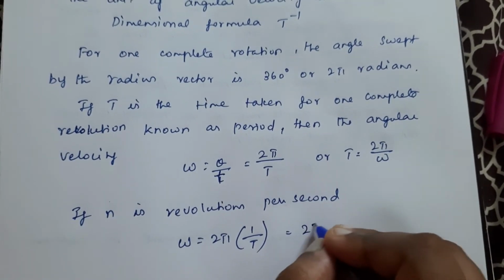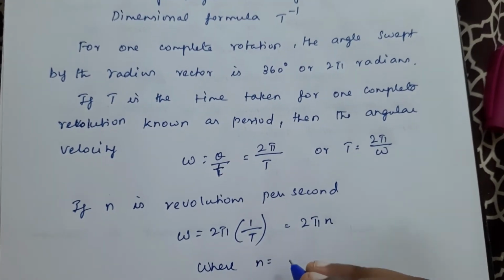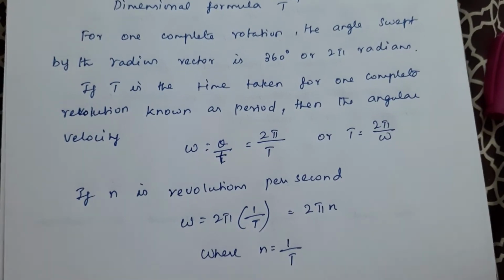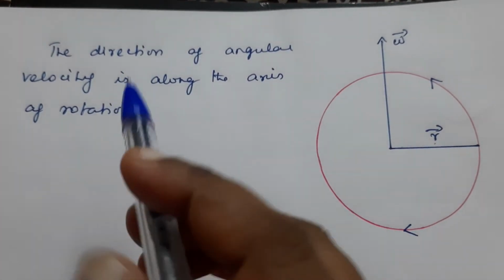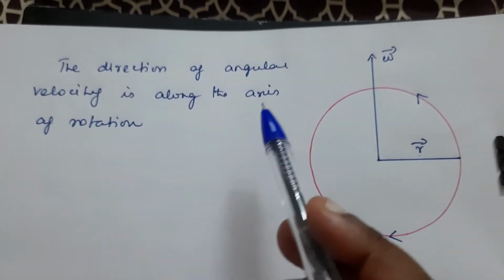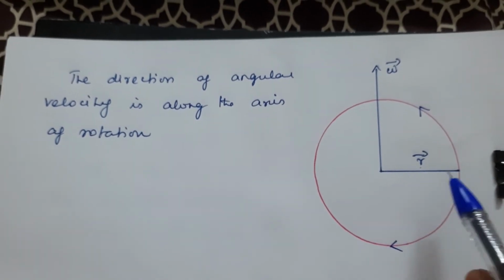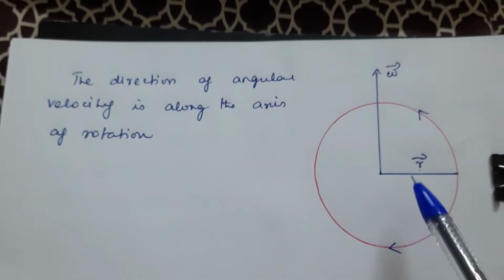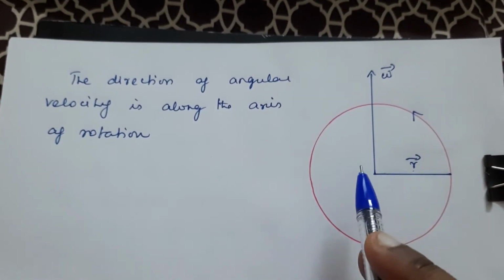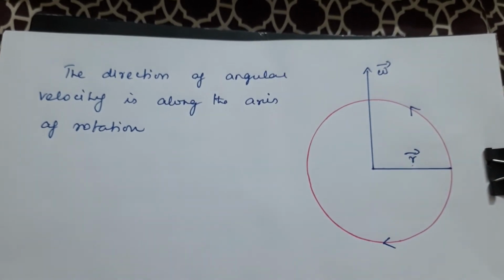So we can write it as 2 pi n, where n is equal to 1 by T. Now what is the direction of angular velocity? The direction of angular velocity is along the axis of rotation, which is perpendicular to that of the radius vector.